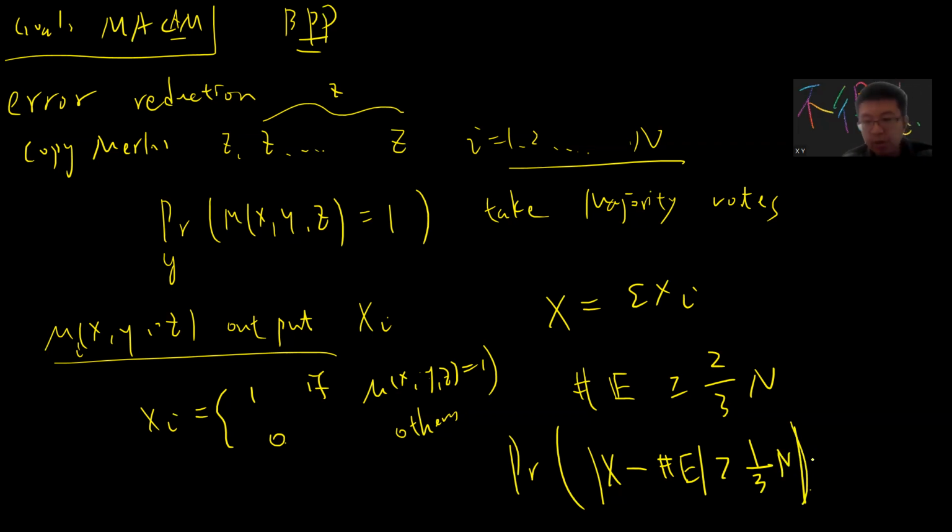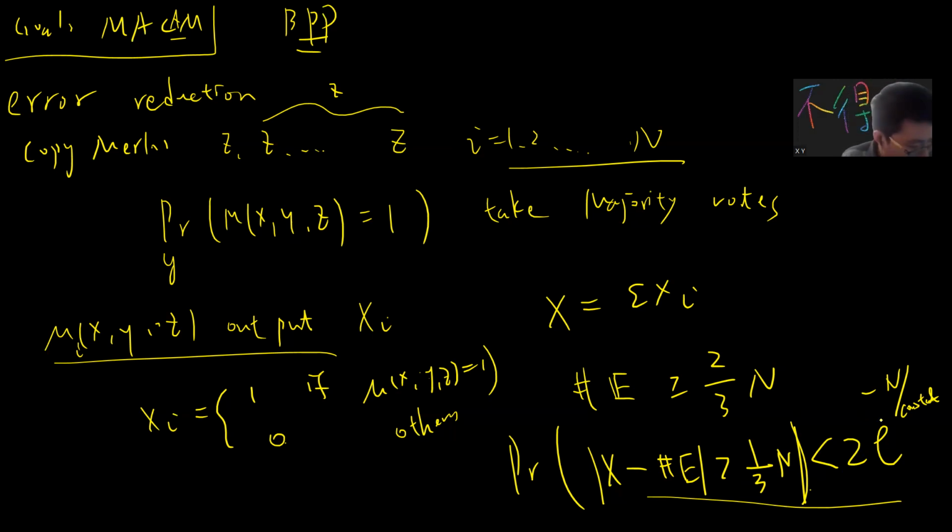And you can prove this using the Chernoff bounds. It is 2 to the exponential of something, let's say maybe n divided by some constant. This is the same as the reduction, right? So you can easily make the error very small.